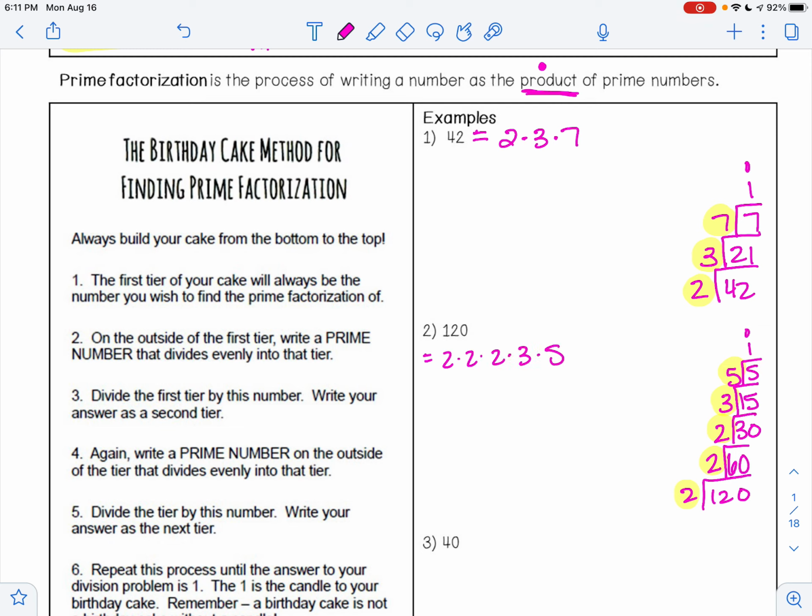That would be my answer. And if you try it in your calculator, you can do 2 times 2 times 2 times 3 times 5, and you will get 120.